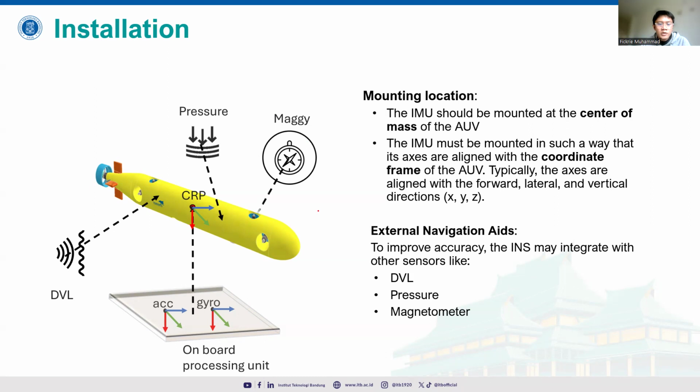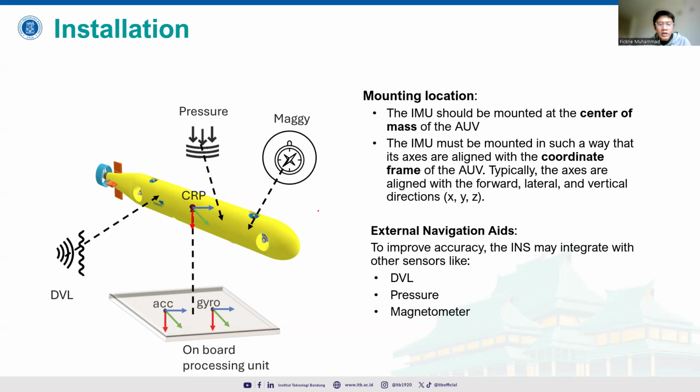So of course, it has to be integrated with other sensors like a pressure sensor to detect the depth of the AUV under the water, and a DVL, the Doppler velocity log, or other acoustic positioning systems to improve the accuracy of our system. For example, when we lose the position estimation of our INS, we correlate with the DVL so that the position will always be estimated for our AUV.